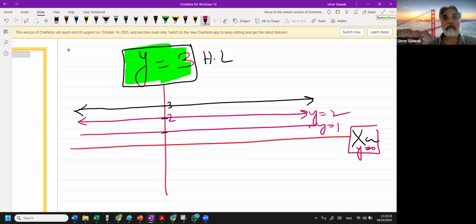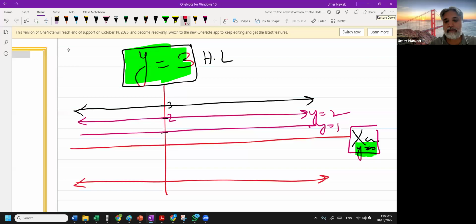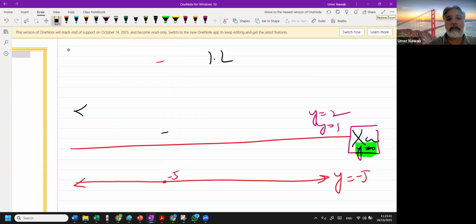Some students are confused. X-axis means x is equal to 0? No, on the x-axis, y is 0. So the equation of the x-axis is y is equal to 0. Now, if I draw any line parallel to the x-axis and cutting the y-axis at -5, the equation of the line is y is equal to -5. So what did we learn?